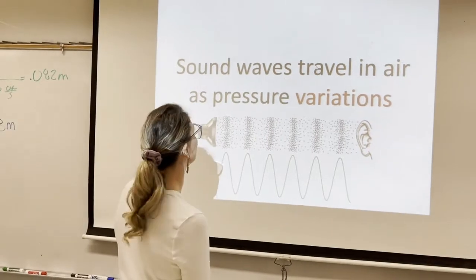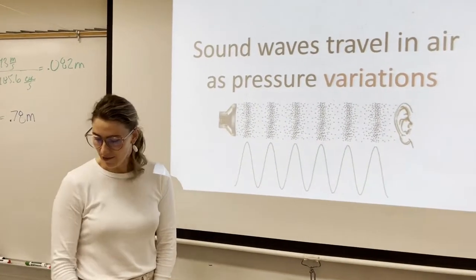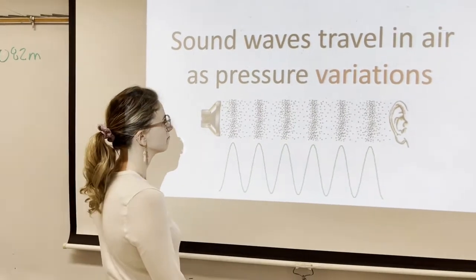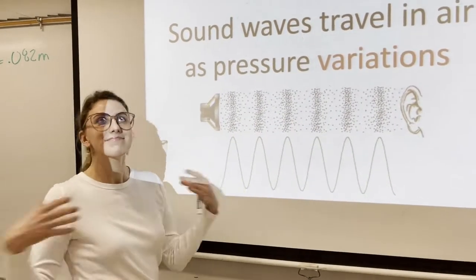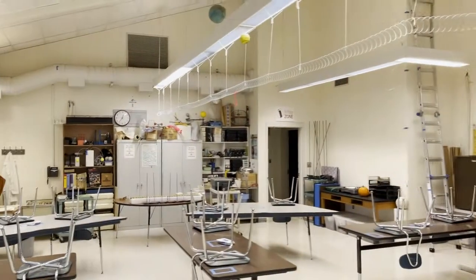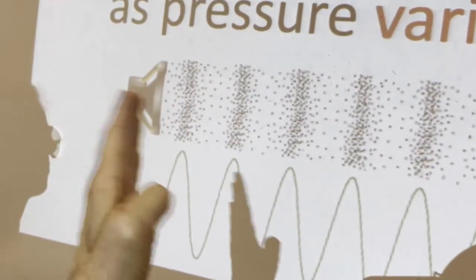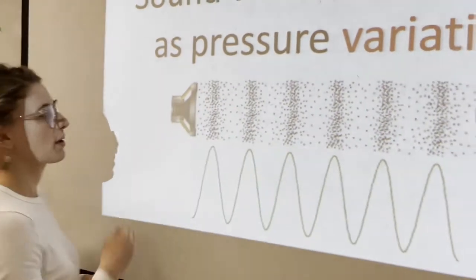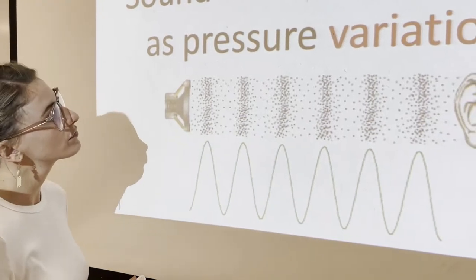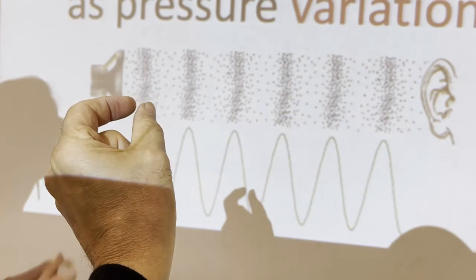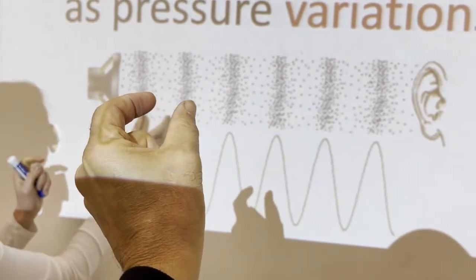Sound waves travel in air as pressure variations. You have the regular air pressure in the room that's called ambient pressure. There's a speaker that's pushing and pulling on the air at a particular frequency, and when it pushes, it squeezes, and when it pulls, it stretches.